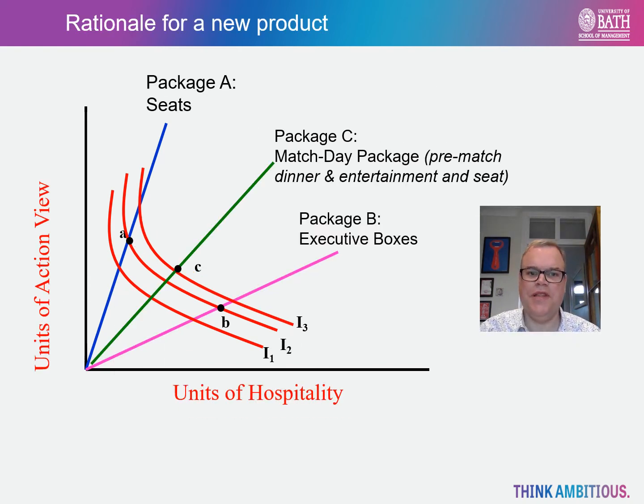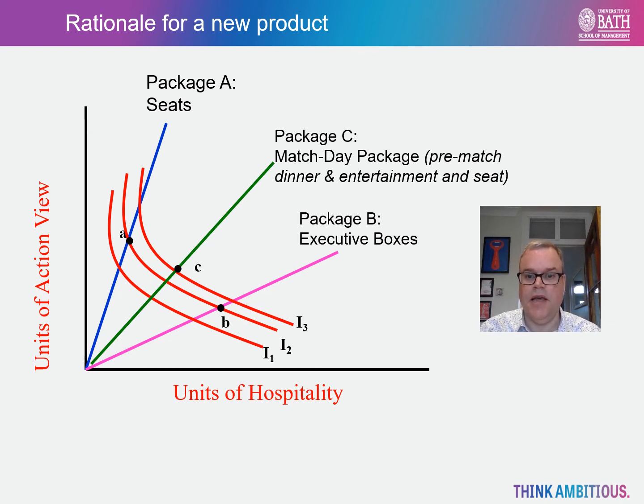In short, the preceding analysis provides a rationale for a new package to cater for consumers such as Susie Sheep. If there are sufficient consumers like Susie, then a gap appears in the market. This is an opportunity for football clubs to introduce an affordable product which combines a wider mix of both characteristics.